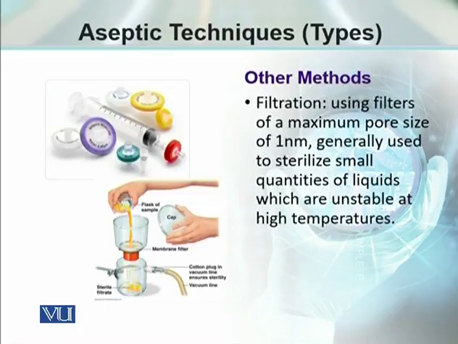In case we have to sterilize very minute volumes of liquid, for that purpose we can use filters. These filters have 1 nanometer pore size, and this size is sufficient to restrict all the bacteria or microorganisms from passing along with the solution. Depending upon the volume, we can decide the size of the filter which can be used.